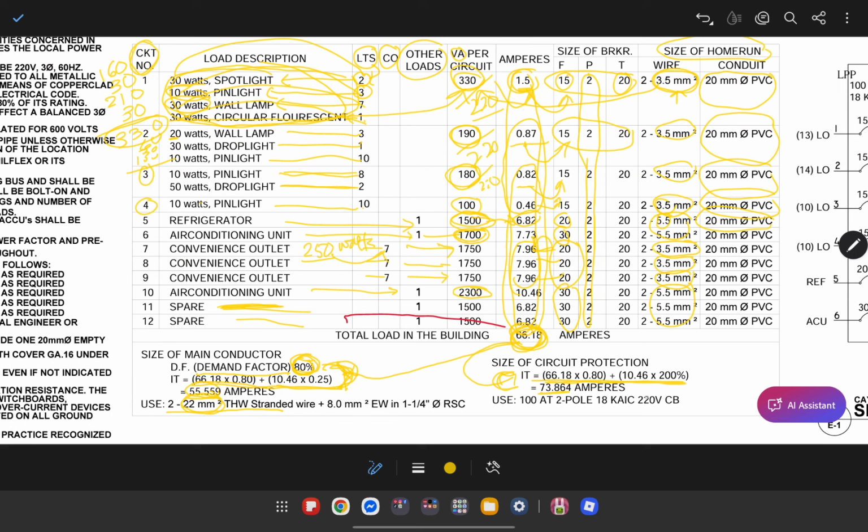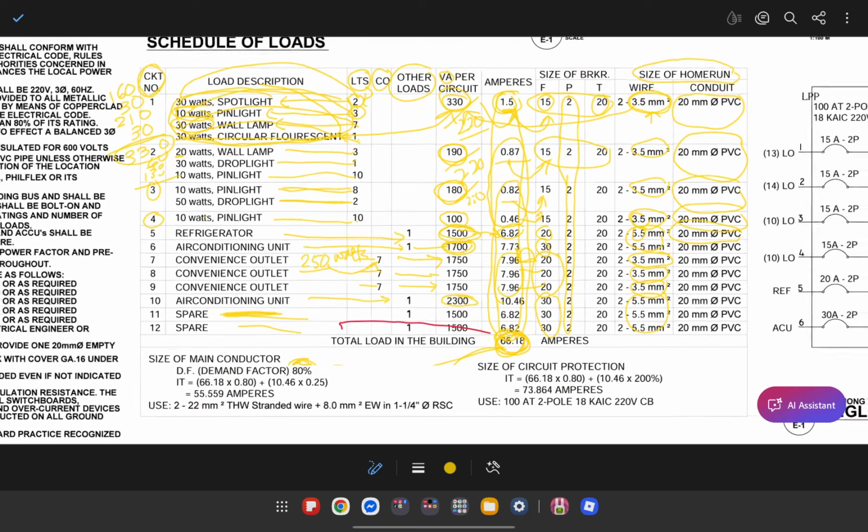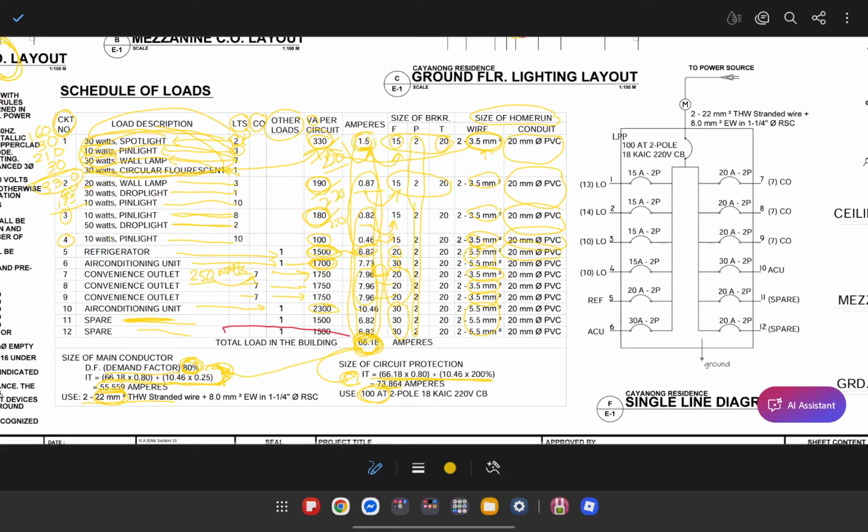And for the main circuit breaker would be 100 amperes. Okay, so that's it for the circuit load.